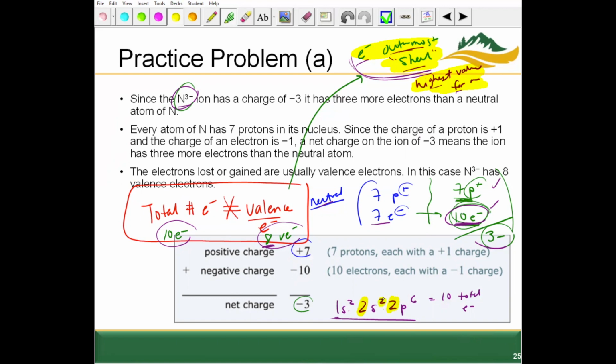There we have 2 electrons plus 6. That is 8 valence electrons. So here for the valence electrons, we're just looking at the outermost shell. Yes, in total there are 10 electrons. For the valence definition, we're just looking at the highest value for n. So that's 8 valence electrons.